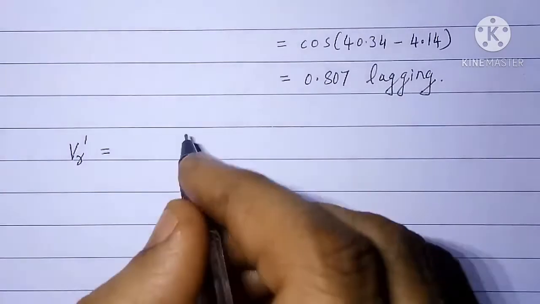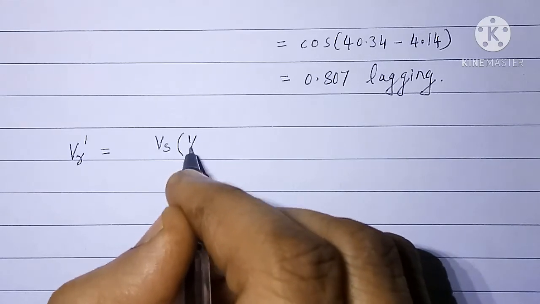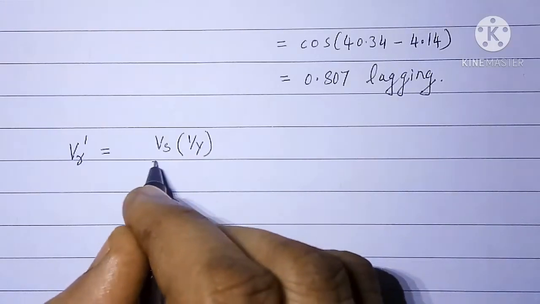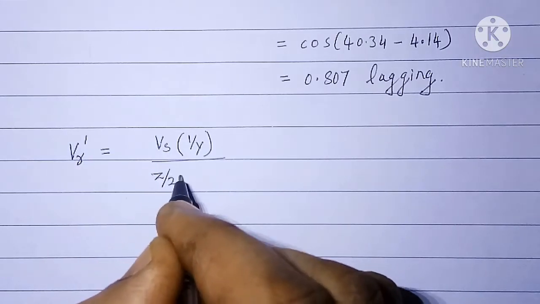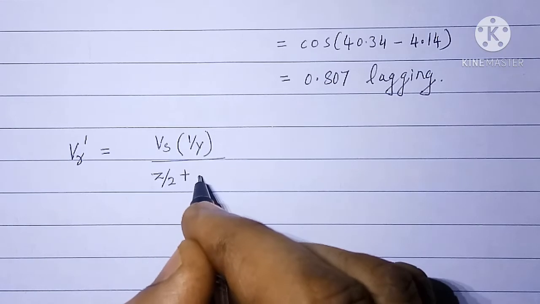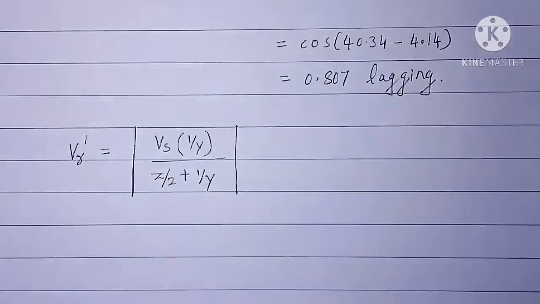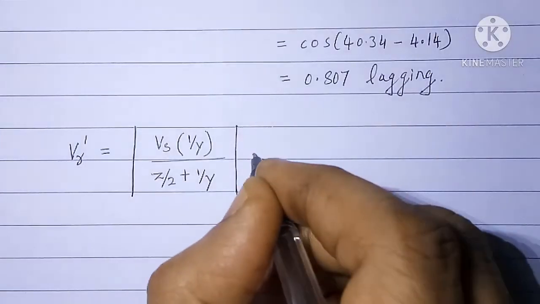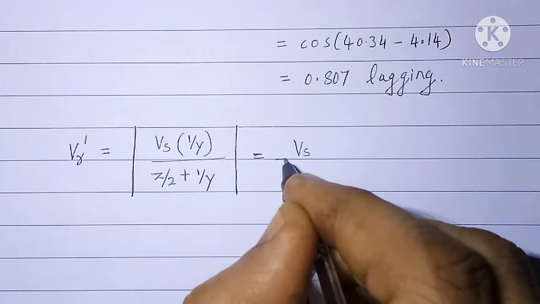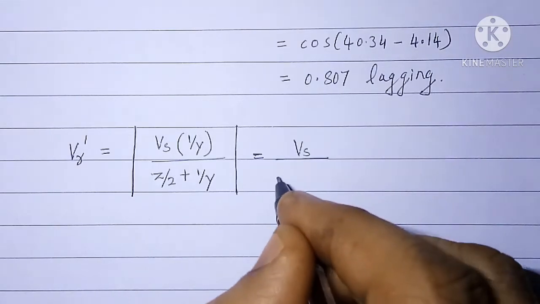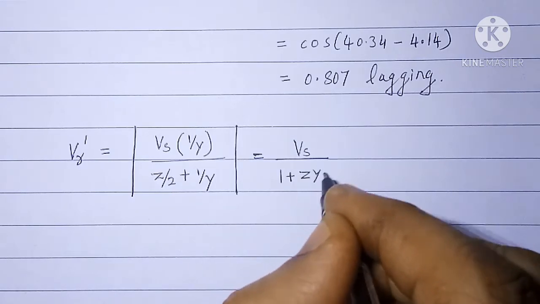VR dash is equal to Vs into absolute of 1 by Y upon Z by 2 plus 1 by Y, that is equal to Vs upon 1 plus Zy by 2.